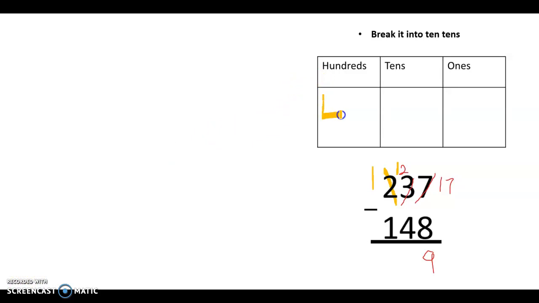So I have my 100, and if you remember, we moved that 100 over here with the 2 tens that we had, and then we've got the ones that we've already regrouped and subtracted, which gave us 9 ones left. All right, so now we got to break that 100 up. 10 tens make a 100.